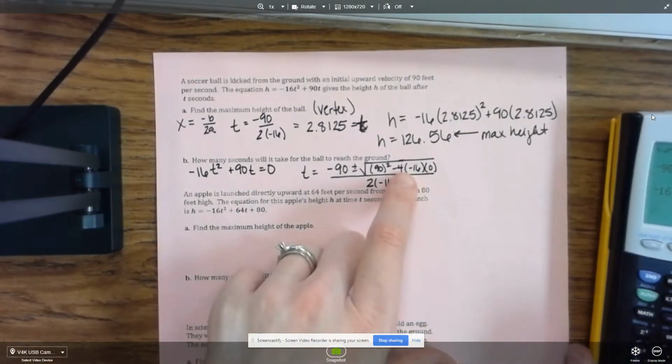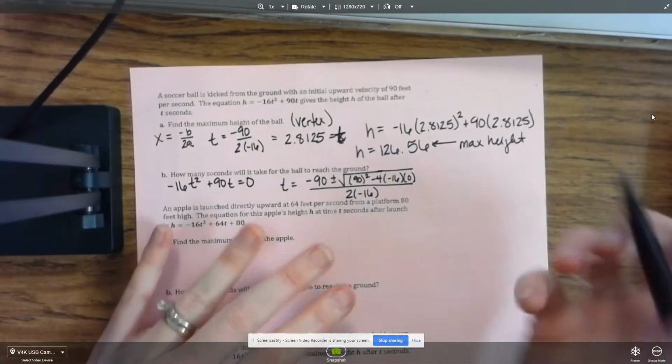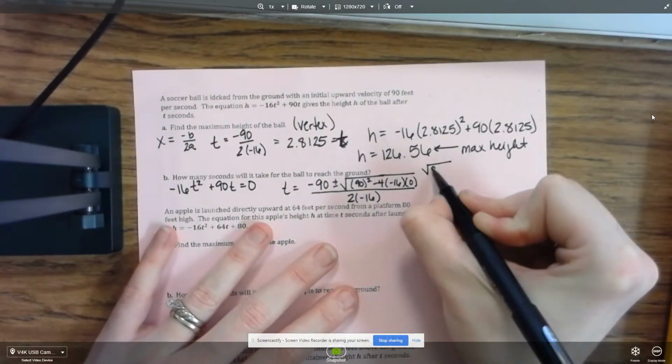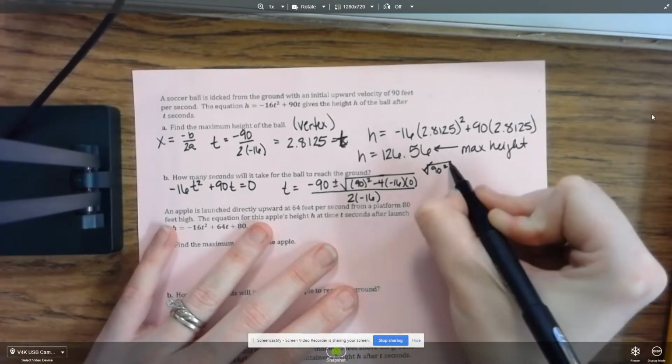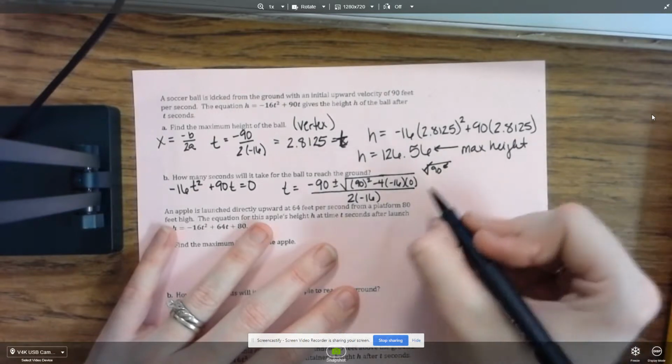All right, so I know automatically if I multiply by 0, that is going to cancel out. And so the other neat little trick here, so I would be left with the square root of 90 squared. Well, these two cancel each other. A square root sign and an exponent of 2 are going to cancel.